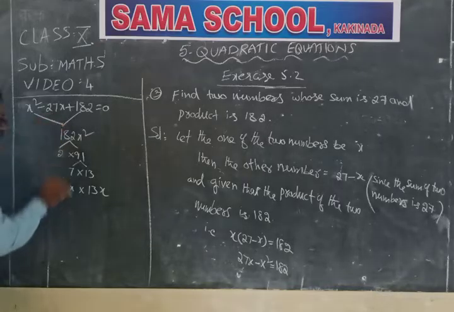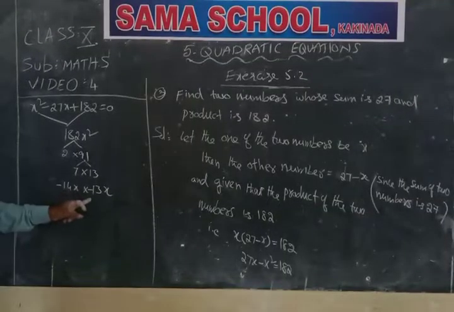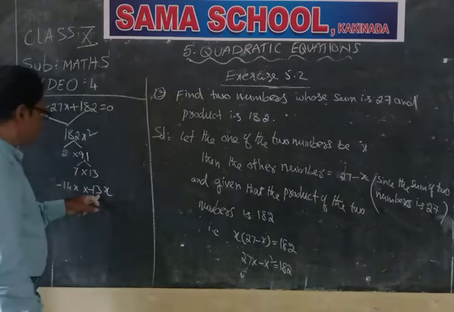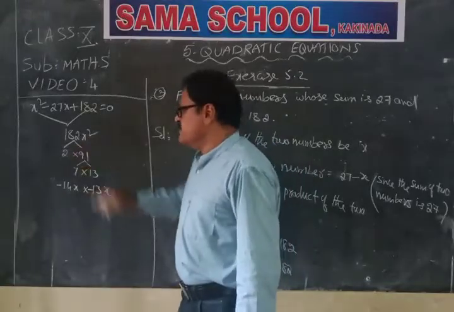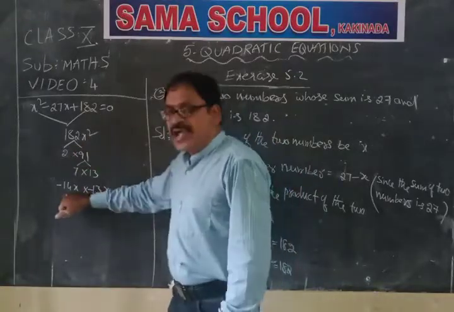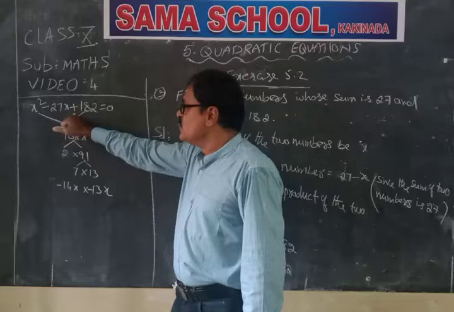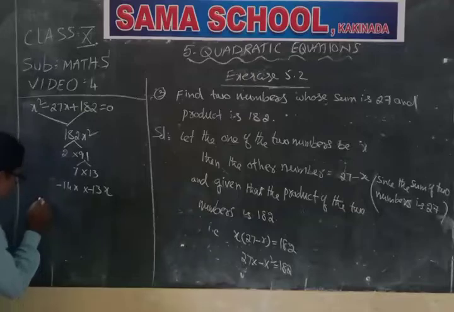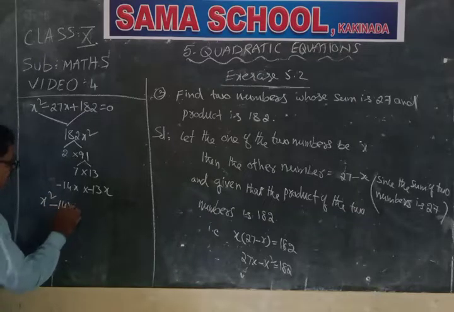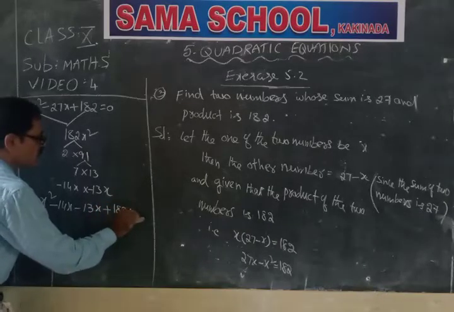But minus 27 is there, so both are minus. So this can be written as x square minus 14x minus 13x plus 182 is equal to 0.